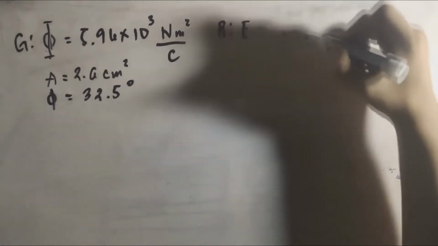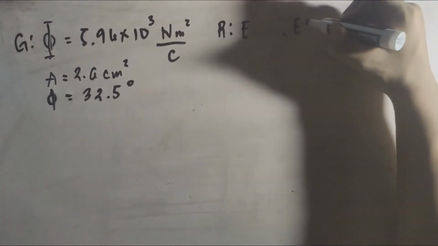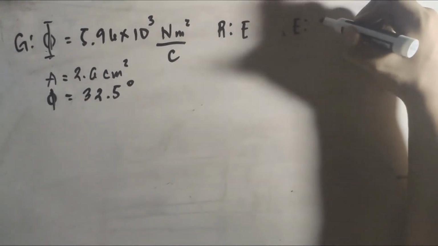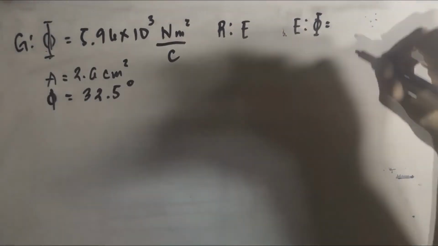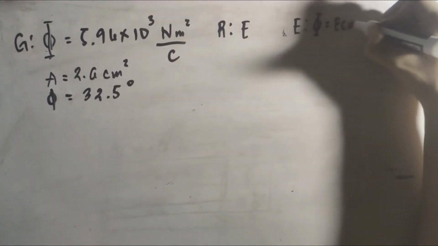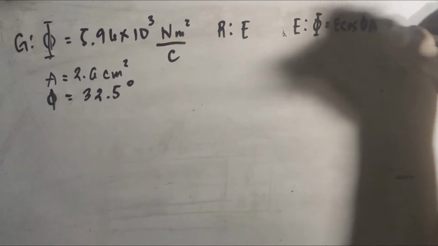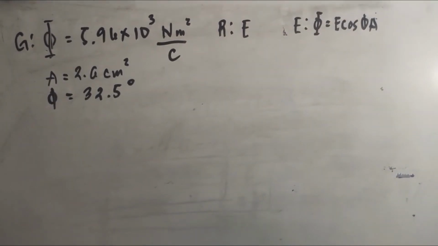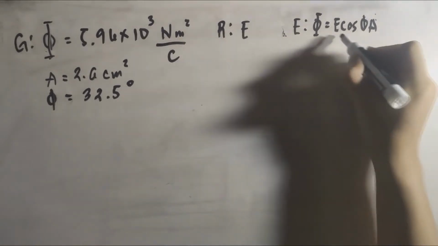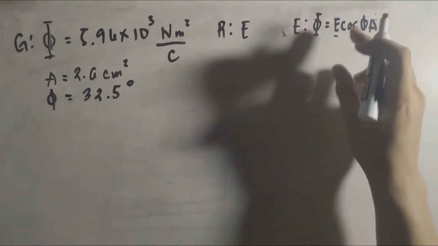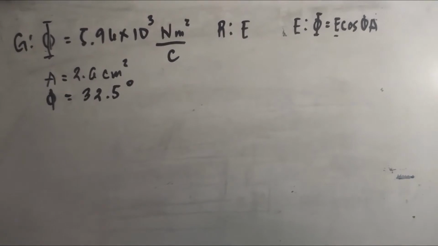Okay, then for the equation, of course, starting from this one, that would be E cosine phi A, correct? But since what we need is electric field, we're going to have that remain on that side.